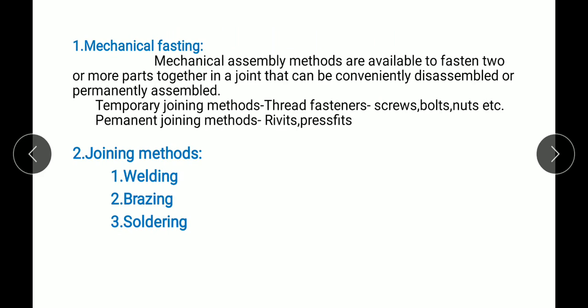Mechanical assembly methods are available to fasten two or more components together in a single joint that can be conveniently disassembled or permanently assembled. When we consider mechanical fastening, generally we use threaded fastenings. Thread fastening means screws, bolts, and nuts. These are the temporary joining methods.